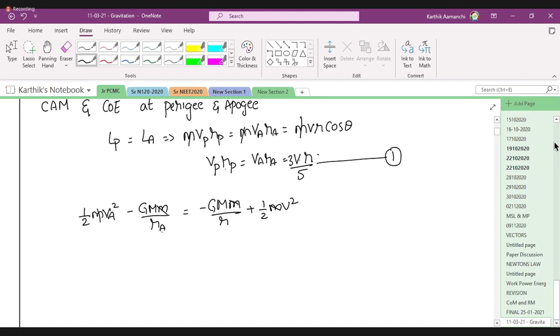Equation? Of A square minus V square is equal to GM into 1 by RA minus 1 by R. You will get a quadratic equation, no?